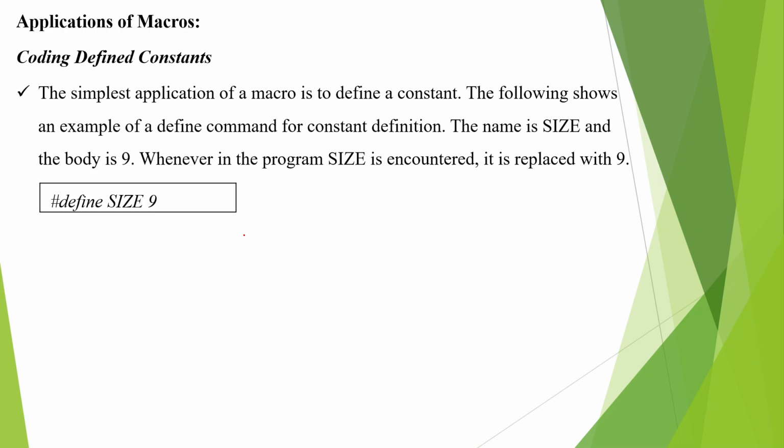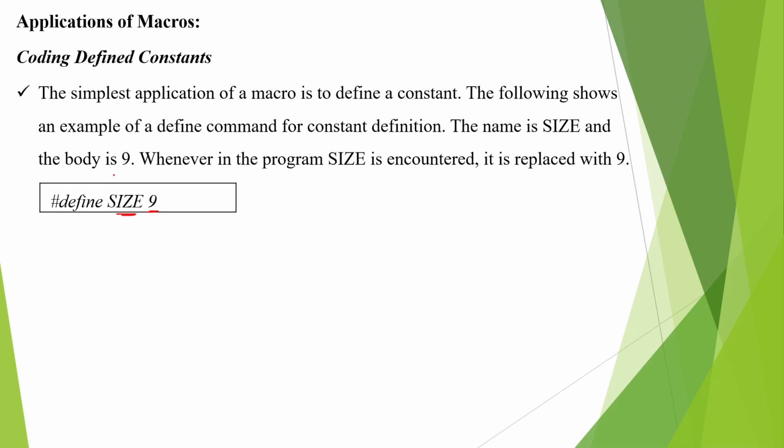We have some examples also here. Coding defined constants is one of the applications of macros. Hash define SIZE 9. So 9 is the body and SIZE is the name. Wherever you use this SIZE, it will get replaced with this 9.